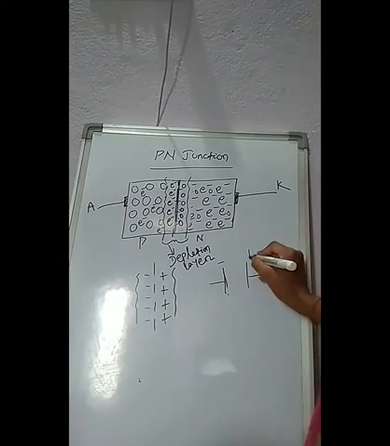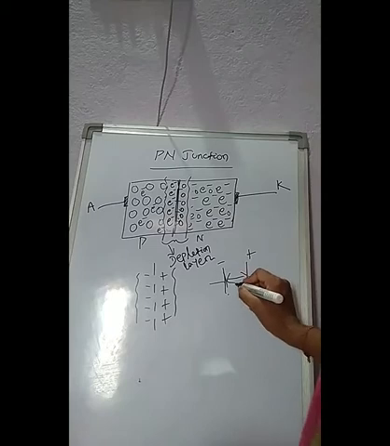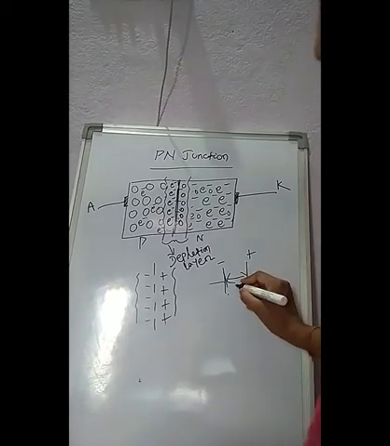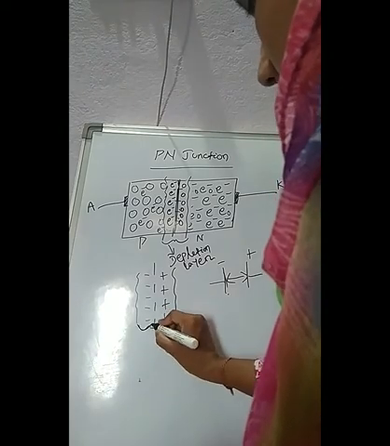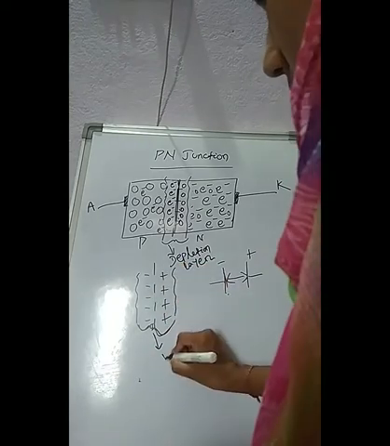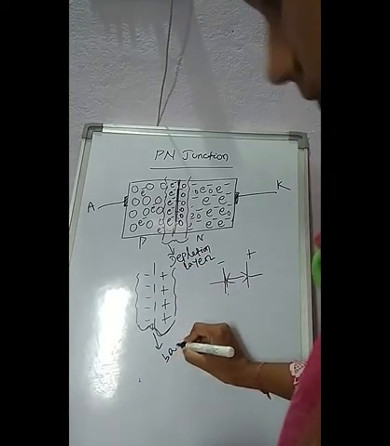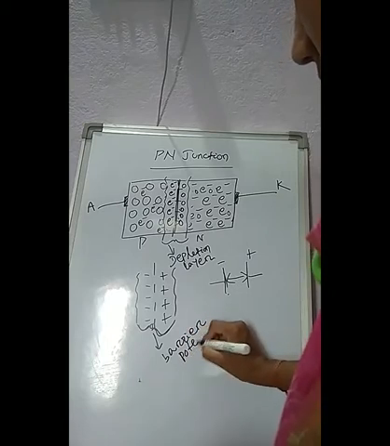Here is one charge, here is one charge, and this is the medium. That means there is some potential difference. The potential of this layer is known as the barrier potential.